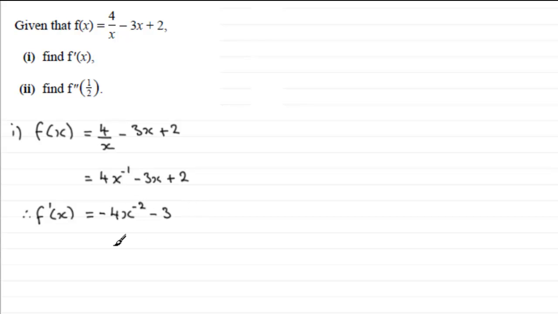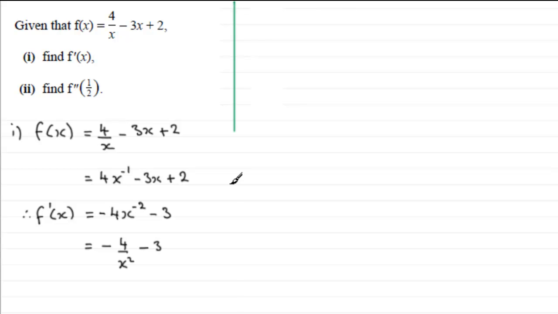And you could leave this like this, but I must admit I never like negative powers in my answers, so I see this as minus 4 times 1 over x squared, and that gives us minus 4 over x squared, and then we've got the minus 3. Okay, so either of those two answers I'm sure would do.